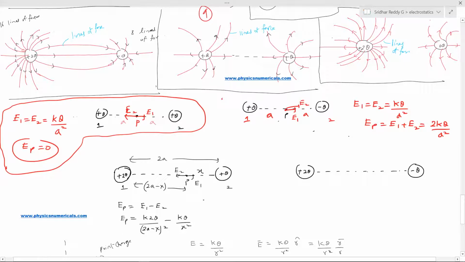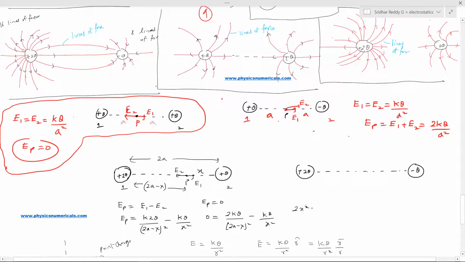So I want the point where the field will be 0, the position. So 0 is equal to 2KQ by 2A minus X whole square, minus KQ by X square. So KQ gets cancelled.